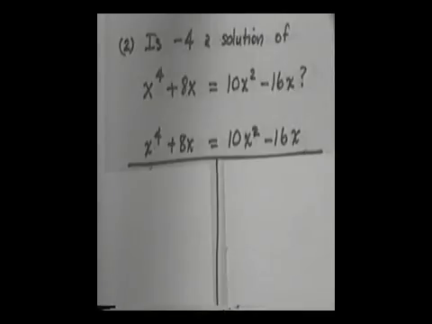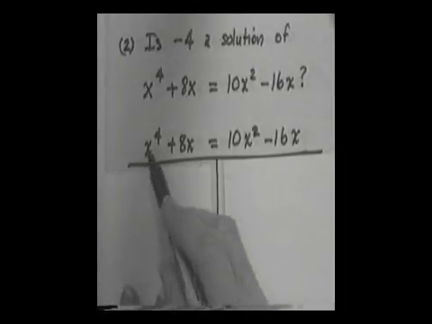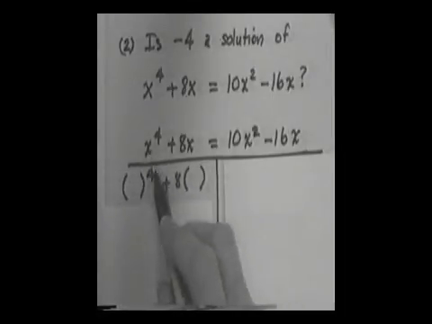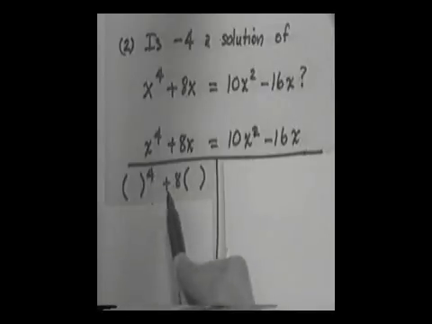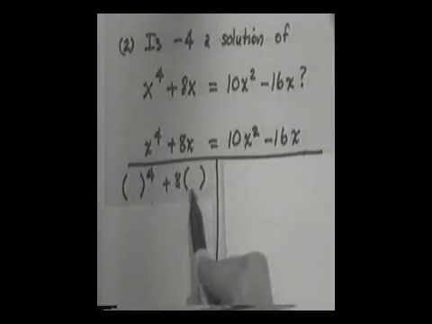Now we have a variable in each of these terms, so we'll put parentheses to receive the x value, then the fourth power, then the plus, followed by 8, and parentheses to receive the x value.